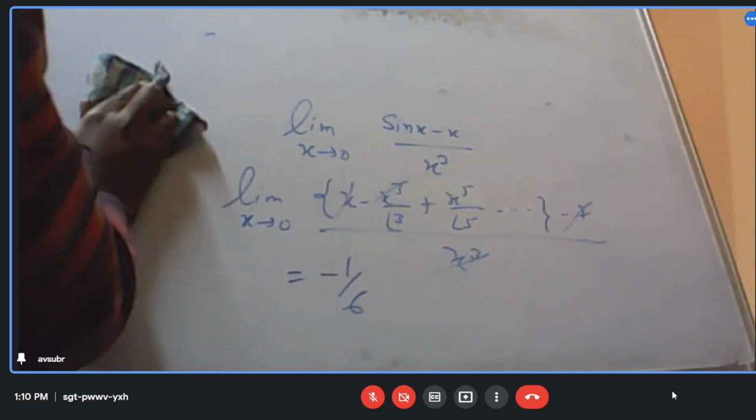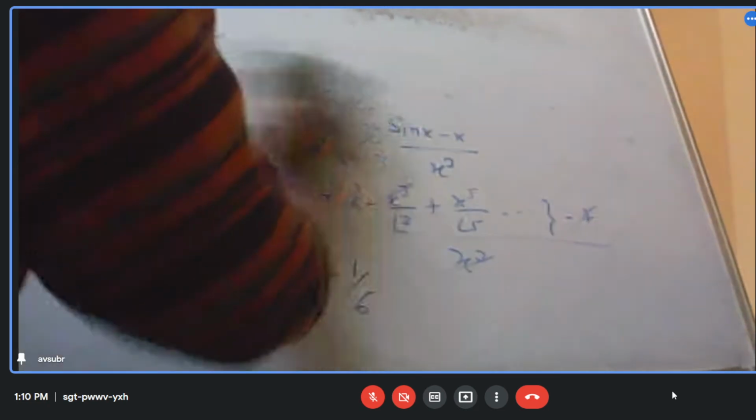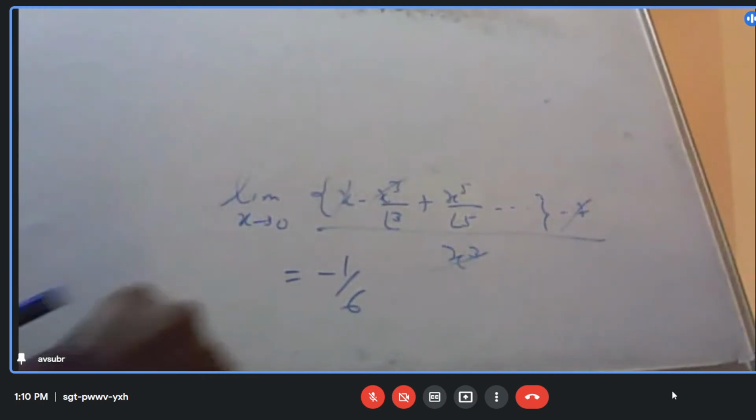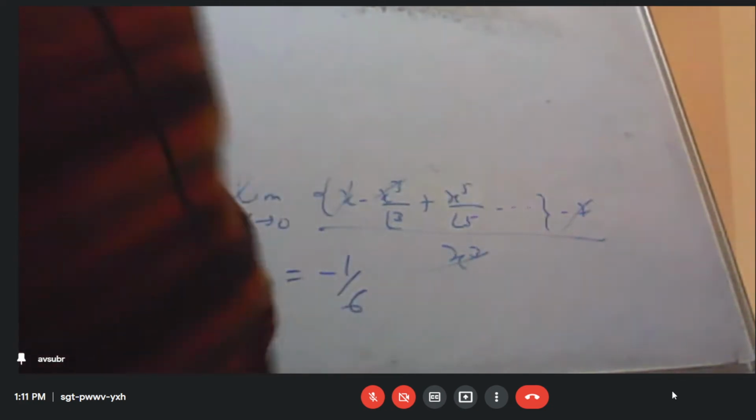L'Hospital rule, 3 बार differentiate कर देंगे. When this rule will work? 0 by 0 or infinite by infinite. Otherwise the numerator and denominator form will be undetermined.